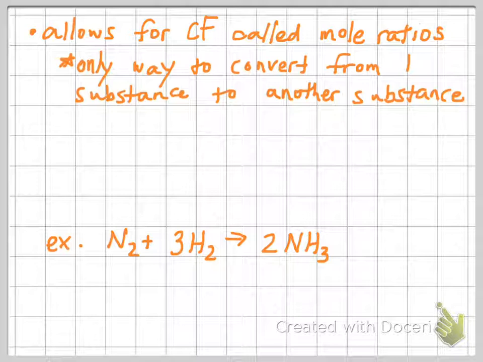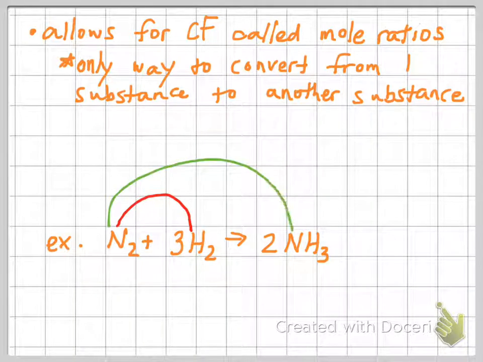So I can have a relationship about nitrogen to hydrogen, I can have a relationship about nitrogen to ammonia, and I can have a relationship about hydrogen to ammonia. Okay, so there are 3 mole ratios in this equation. If I had another product, there'd be even more mole ratios.